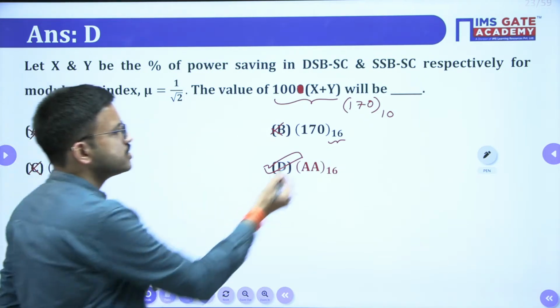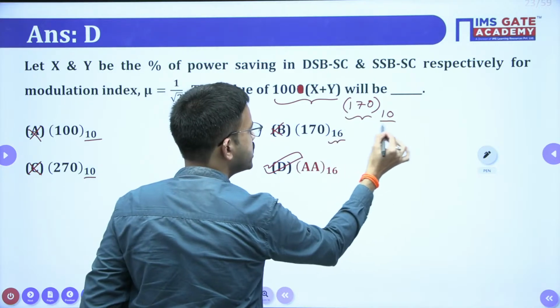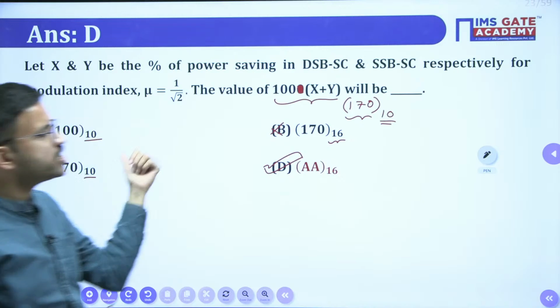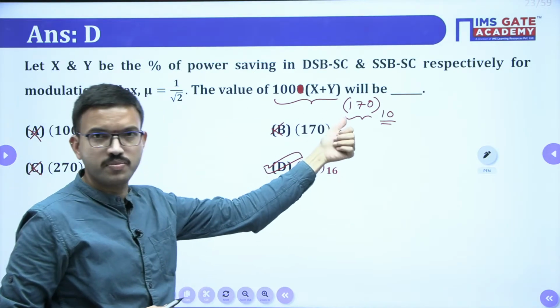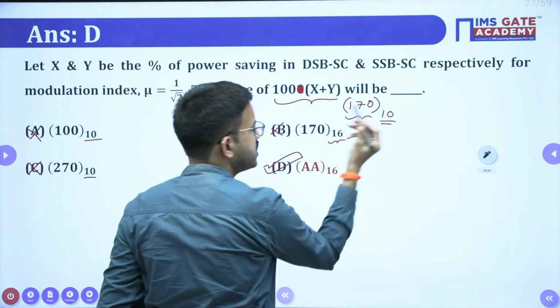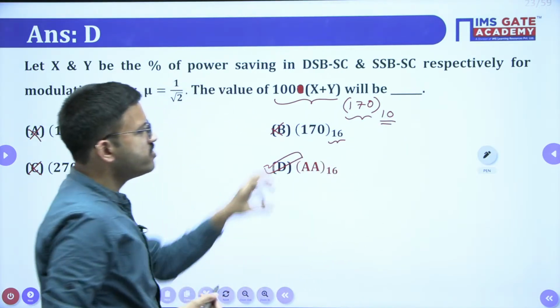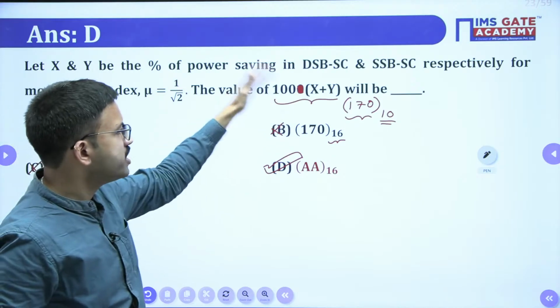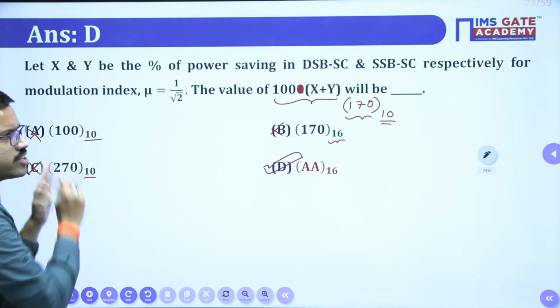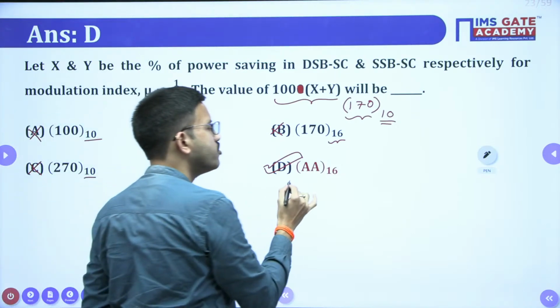Because 170 you already get in decimal, and in the decimal number system they have given two different numbers which are not equivalent to this number. So straight away you can eliminate these two. And 170 base 10 and 170 base 16 are obviously not equal, so you can eliminate option B also. If you are able to eliminate three options straight away, obviously the leftover option will be correct.